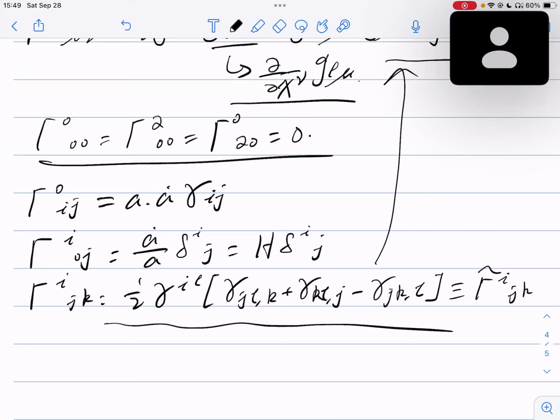Notice that because we have a homogeneous and isotropic universe, we can choose a world time such that this gamma ij, this space metric, is the same at all points in all directions. It can be done because we have a very good symmetry property in this space.